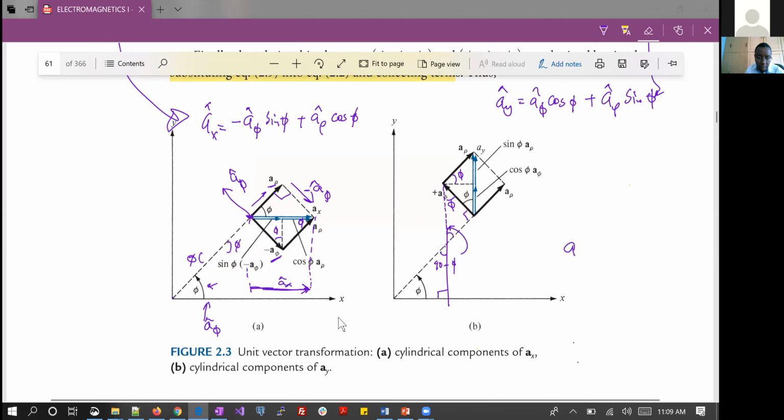And therefore, we definitely know that the 2 unit vectors of cylindrical are going to give us the unit vector AY. So this is my unit vector AY right there.